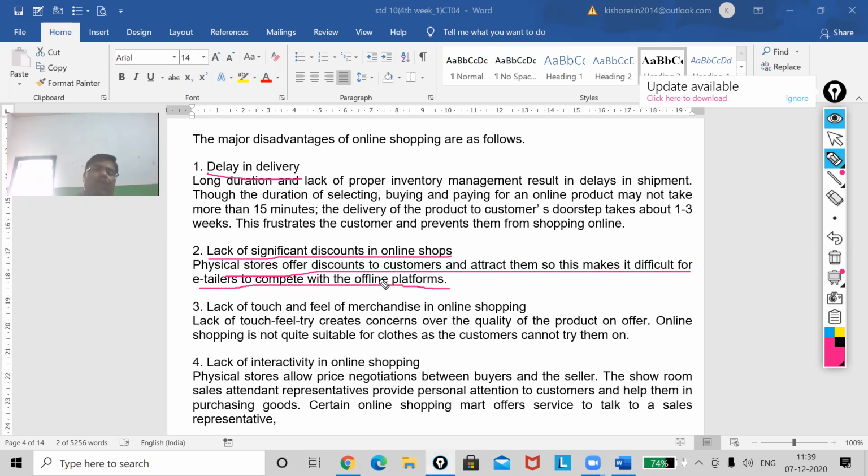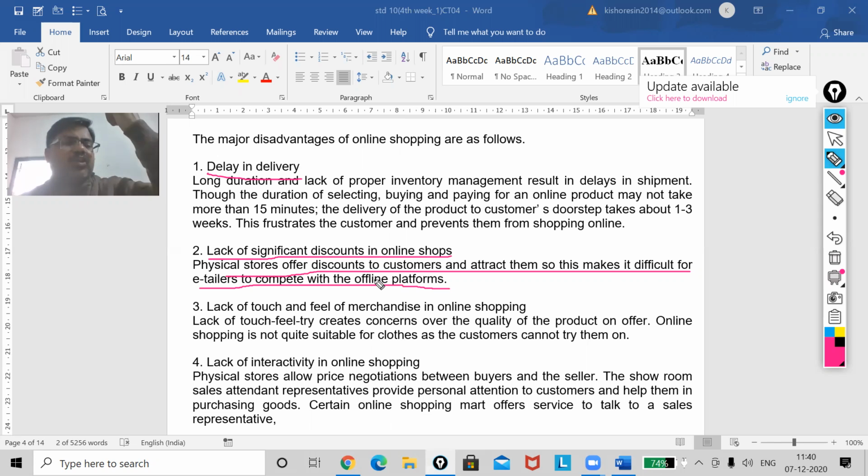There are some shops that compare their items with the online websites, and as per that they fix the price, so that more customers will reach the shop and buy. Understood?